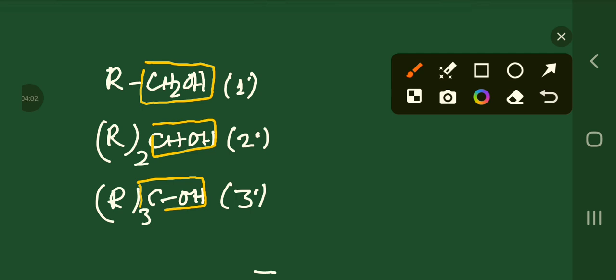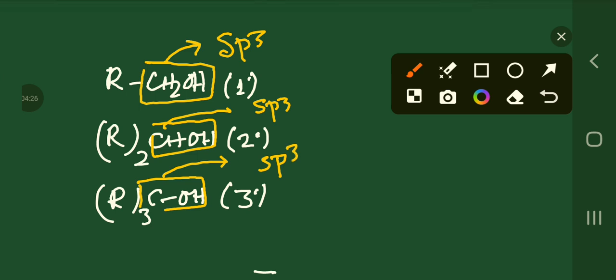So on the basis of alkyl group, alcohols are classified into three categories, and the carbon atom which consists of the OH group is sp3 hybridized. All the carbon atoms which hold the OH group in the given classification show sp3 hybridization, or you can say sp3 hybrid orbital.